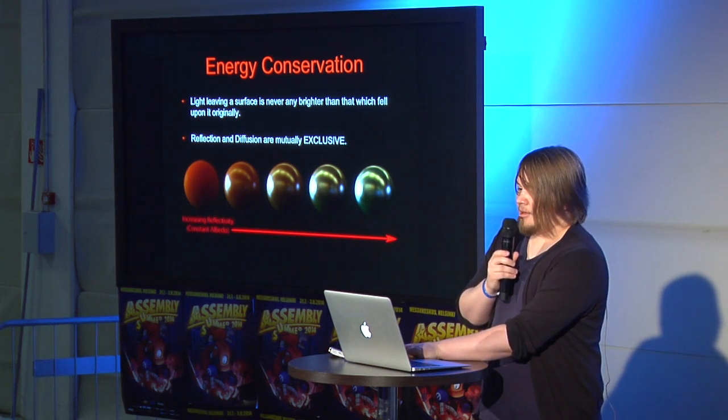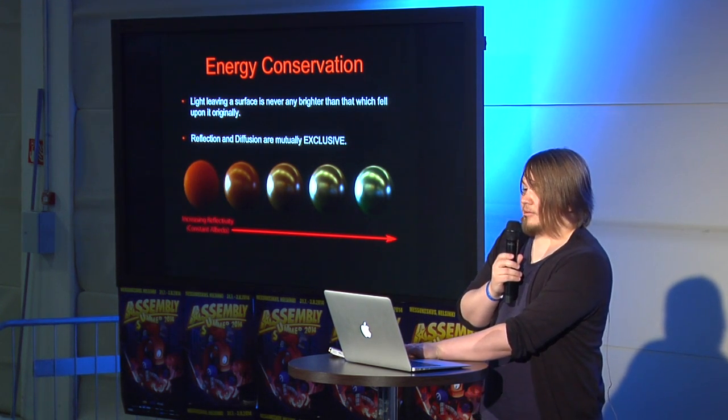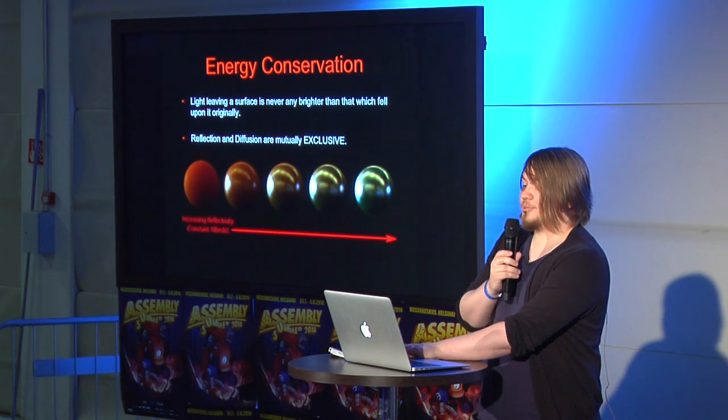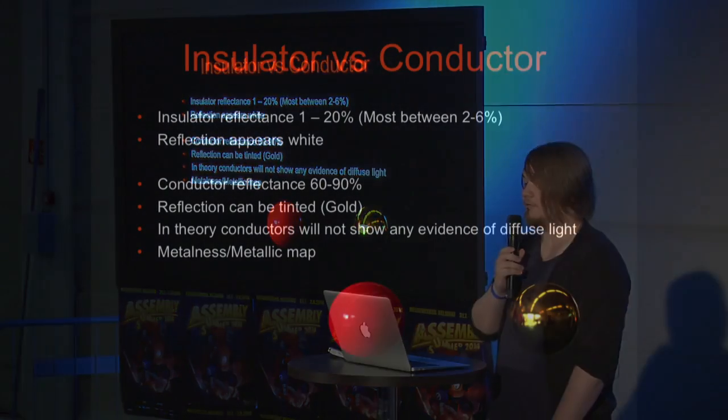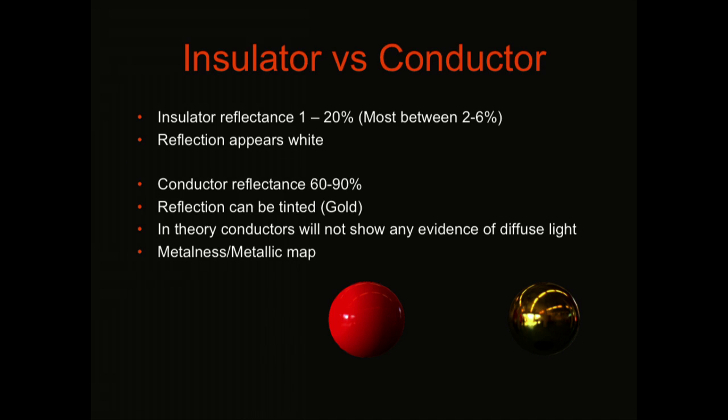This basic understanding of reflection makes it easy for us to categorize real-world materials into two simple groups. So we have our insulators and conductors. The insulators being your basic wood, rock, plastic.